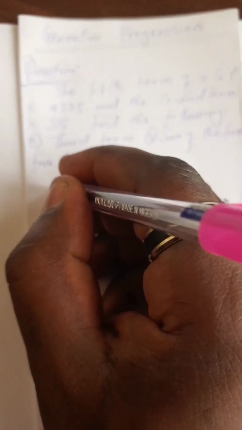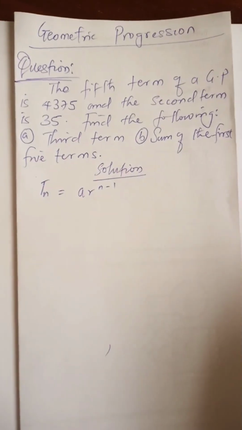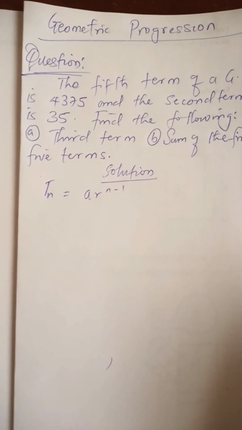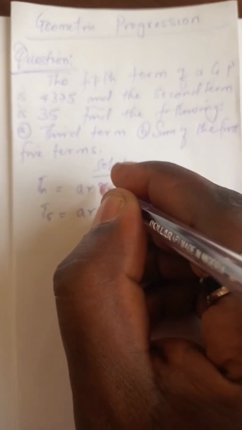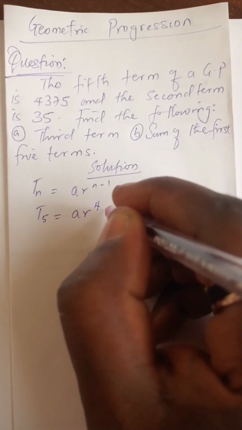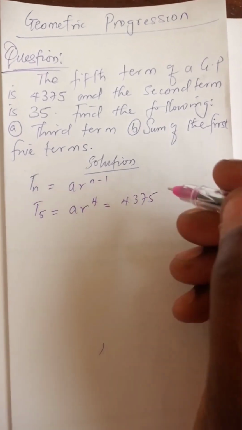We should recall that a GP has an nth term of ARn minus 1. So for the first statement, it says the fifth term of a GP is 4375, meaning T5, which is AR, n is 5 minus 1 will give you 4, which will be equals to 4375.